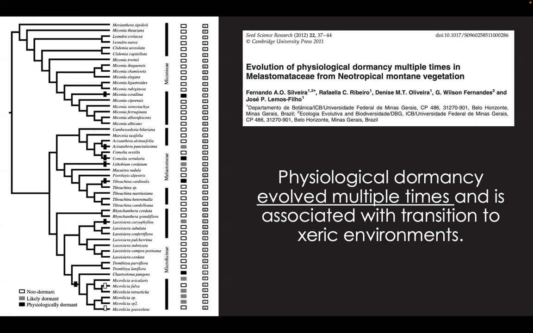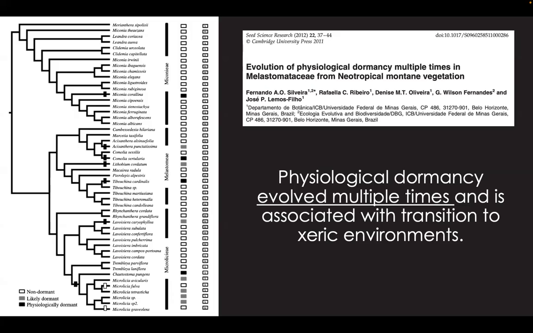So what was proposed in this paper is that physiological dormancy evolved multiple times in the melastomes of the Campo Rupestre as a result of the transition of these species to xeric microhabitats. Xeric microhabitats have a lot of evolutionary pressure to restrict germination to the most proper condition, which should be the rainy season.